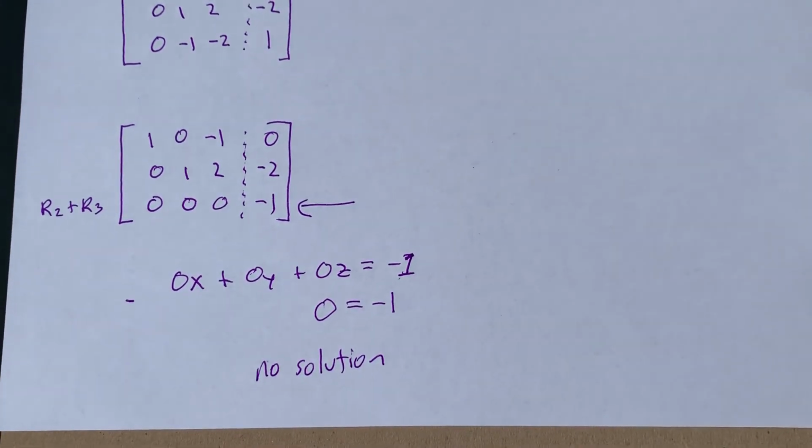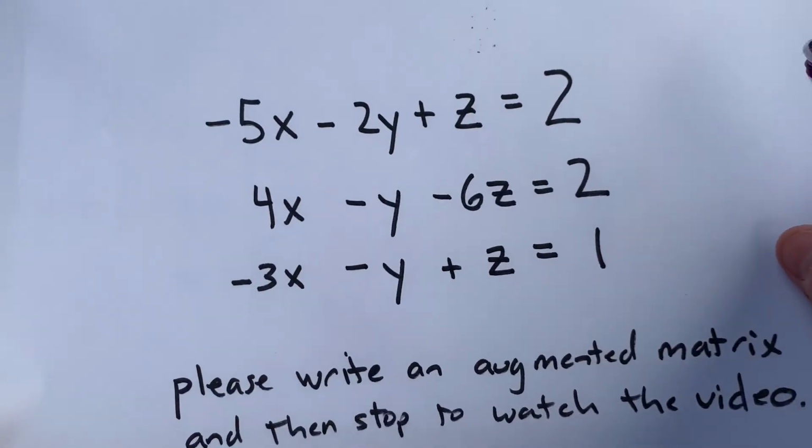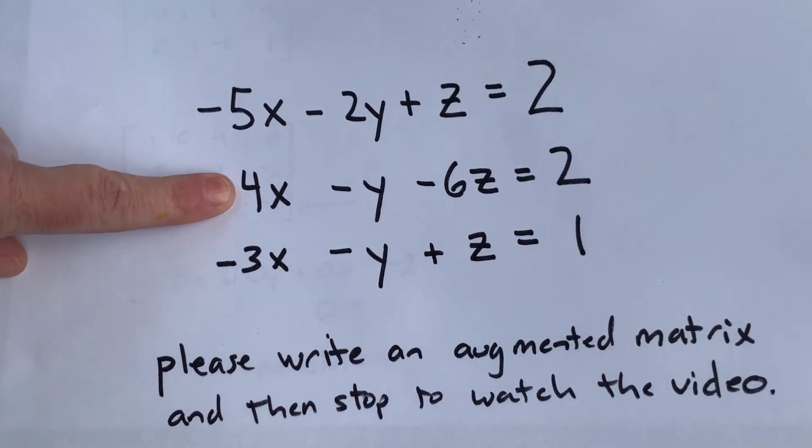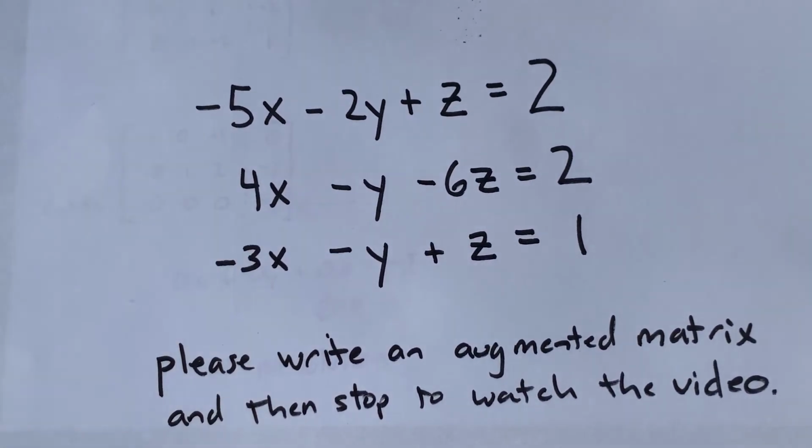Now, my question is, what does this mean in terms of graphing? If we go back and think about the original problem, it was this 3-variable, 3-equation system. That's a plane in space, that's a plane in space, that's a plane in space. Do they share a single point that works for all three of them?